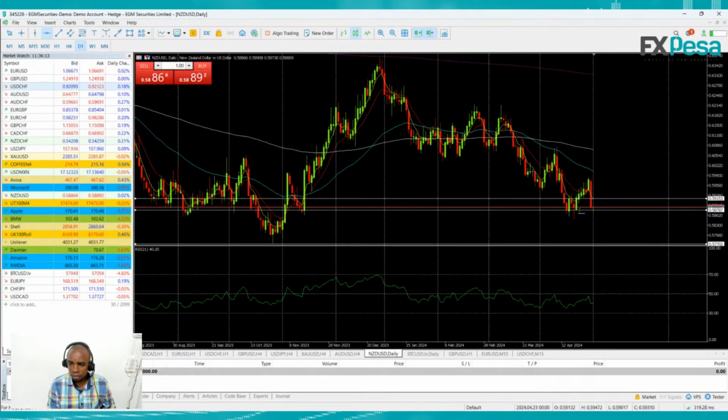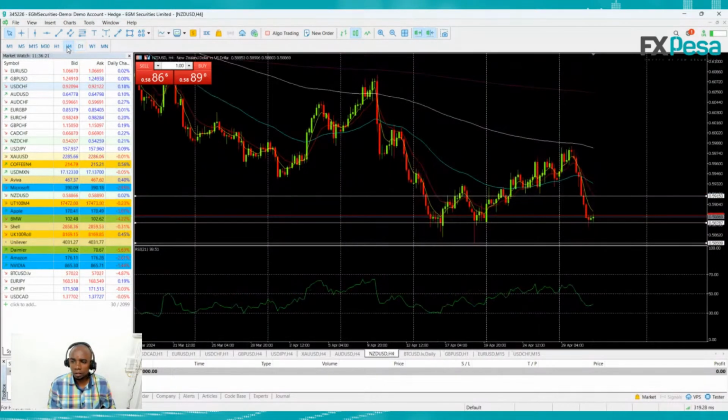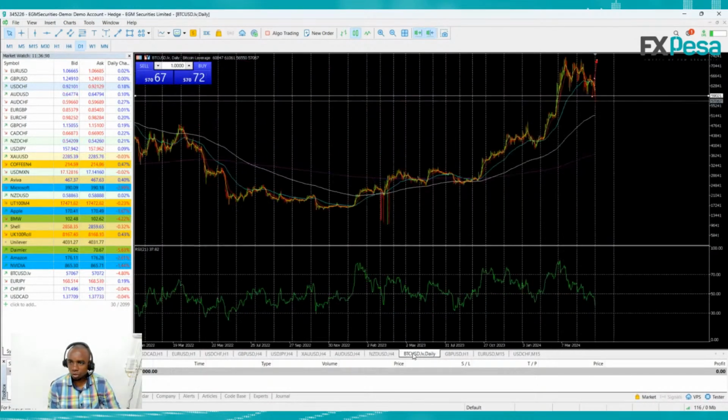So last month's low is there, 58.50. So I would be interested in seeing something of the sort. Maybe a bullish run right now, maybe to that price level, and then a bearish move to last month's low.